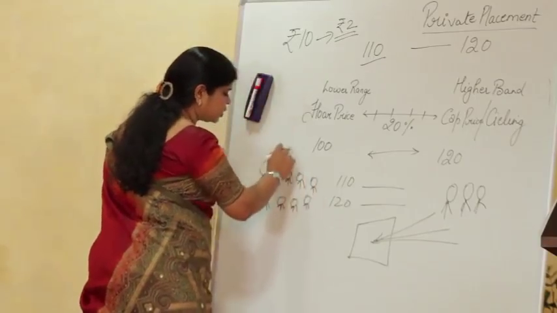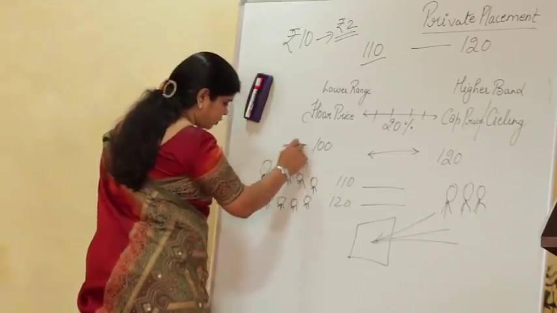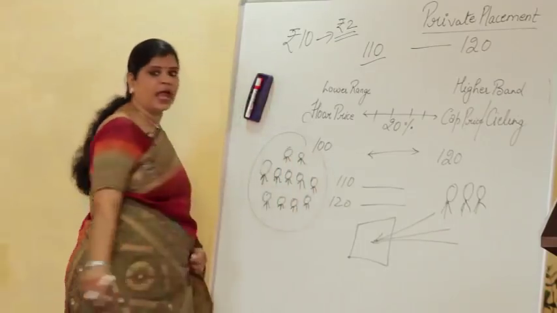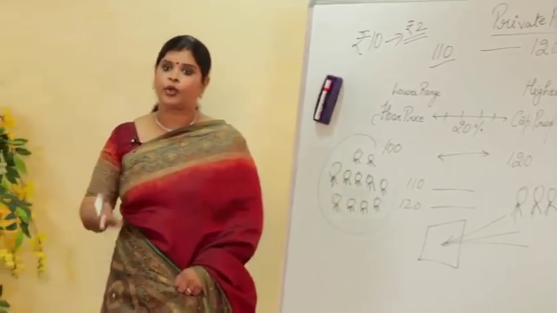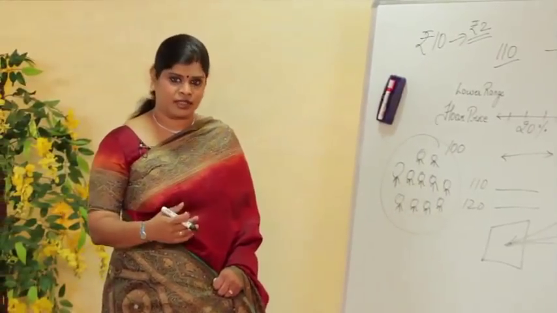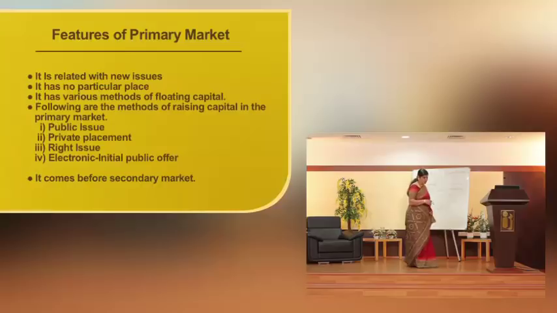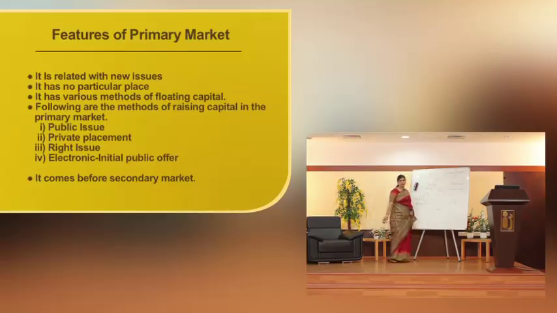Now let's say I want to raise some funds again. I am going for modernization, or starting a new project, and I need more funds. As I said, it can be through a private placement, but the third option is again approaching the same set of people.